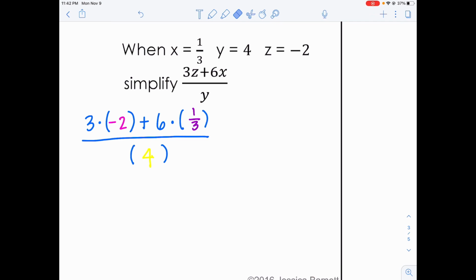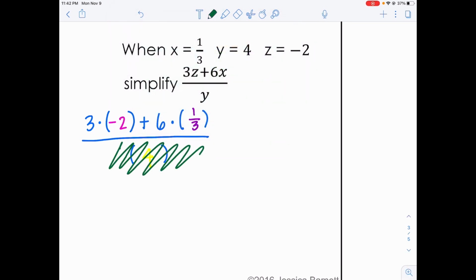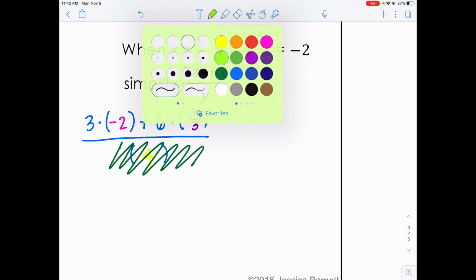Now, just like before, when we had the expressions that looked like fractions, we ignored the bottom for right now, and we simplified across the top first. I have multiplication, addition, and multiplication. So I'm going to work in order from left to right, and I'm going to do multiplication first.